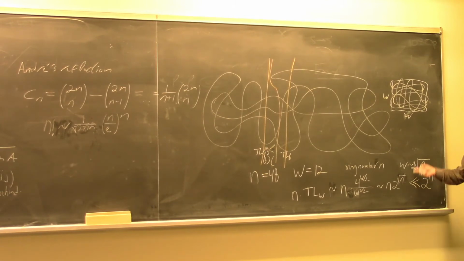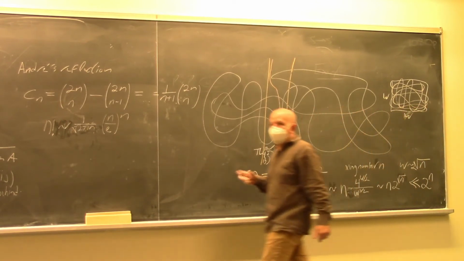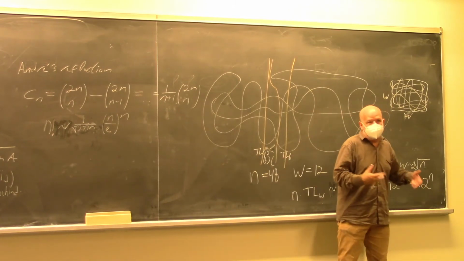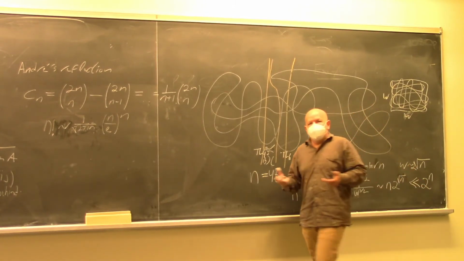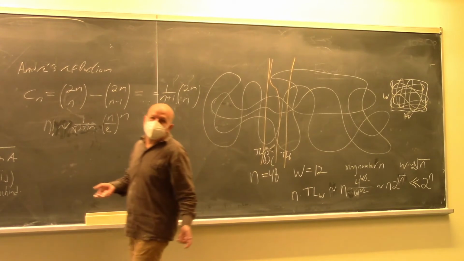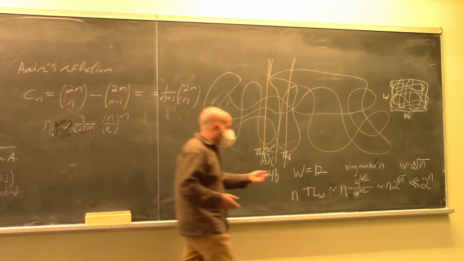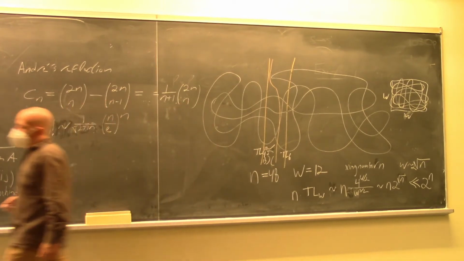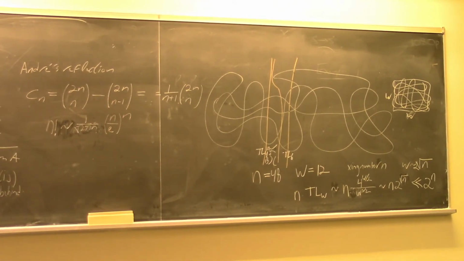So that's why we did so much better. Okay. Questions, comments? The estimates here are really, really rough, I'm dropping polynomials, I'm dropping constants, but the exponential factors are right. So, okay. Good.